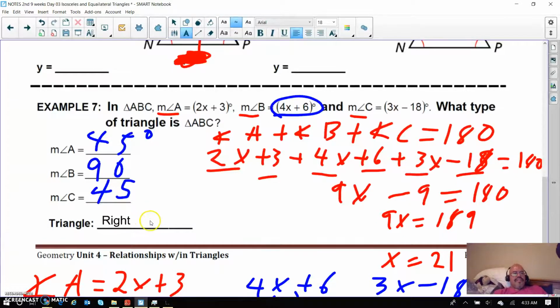Since we have two 45-degree angles, this also means that this triangle is isosceles. So this is actually what we call a special right triangle, a 45, 45, 90, and we'll get associated with that later.